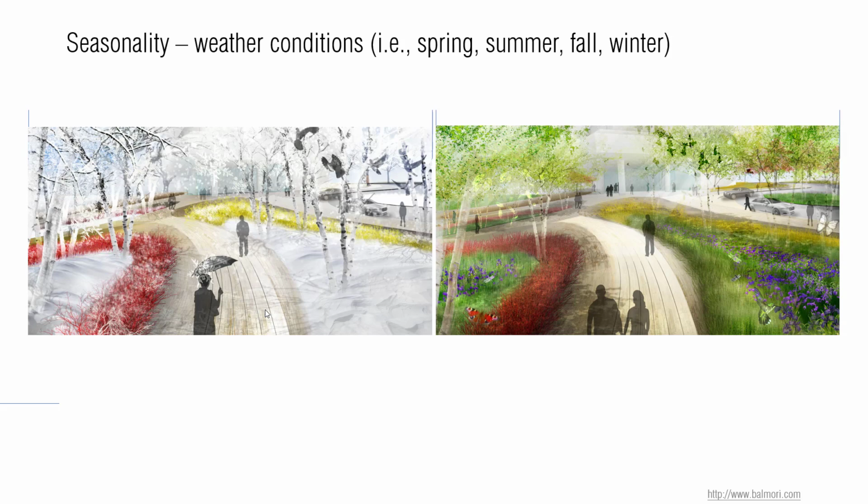These are Balmori drawings, and you can see that they are mainly using the perspectives to show seasonality, how different weather conditions in different seasons cause changes in the experience of the space. So it makes sense that the people are just auxiliary features in the renderings.